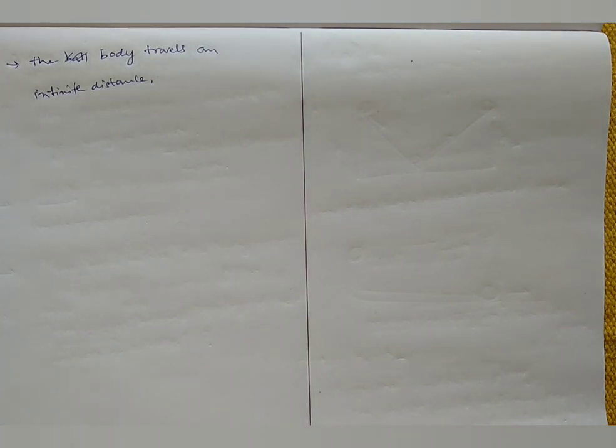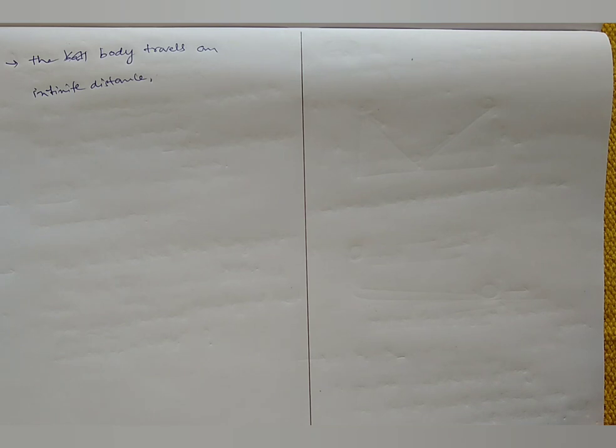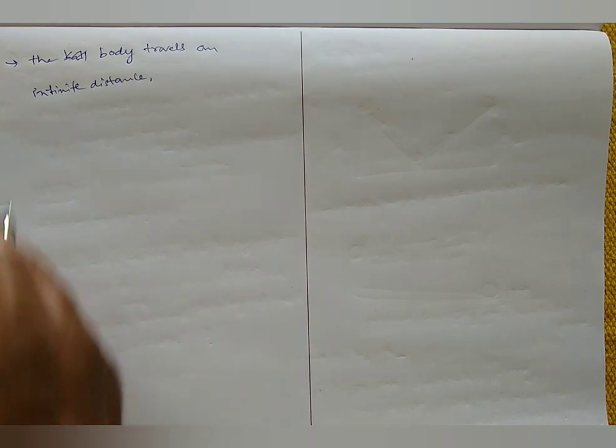That means if the plane is a frictionless plane, then the object travels with constant velocity, and the object can travel an infinite distance, forever also. This is what happens if there is no friction.